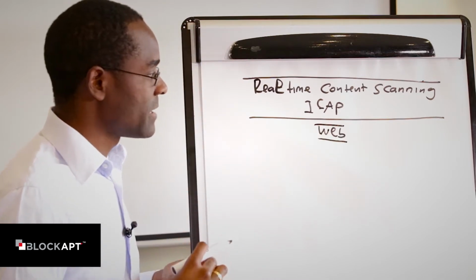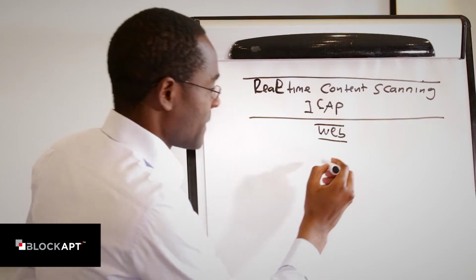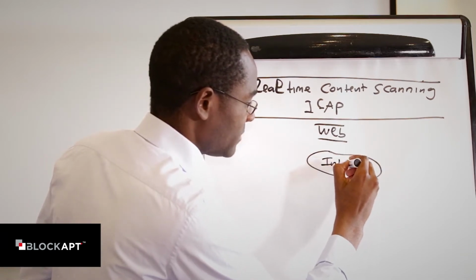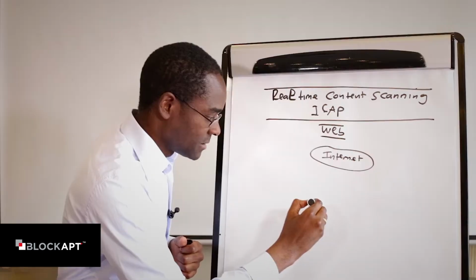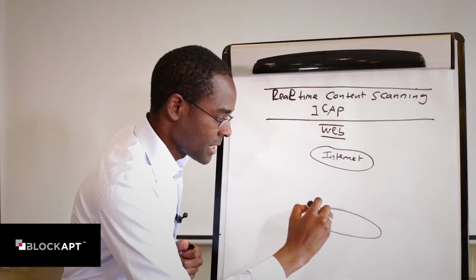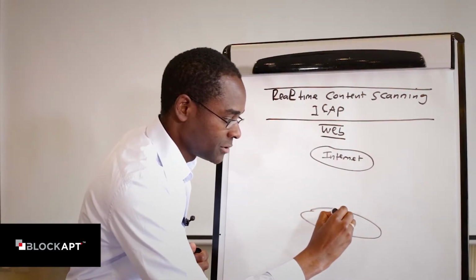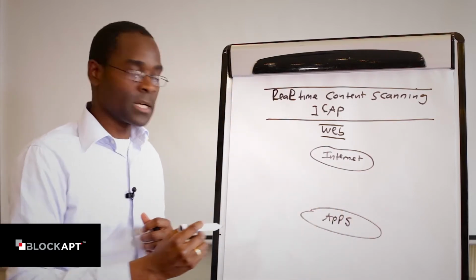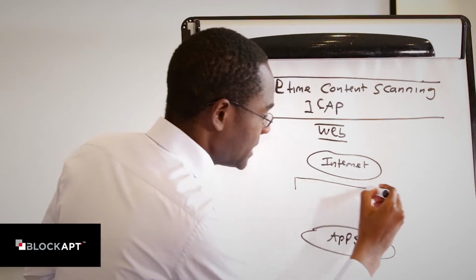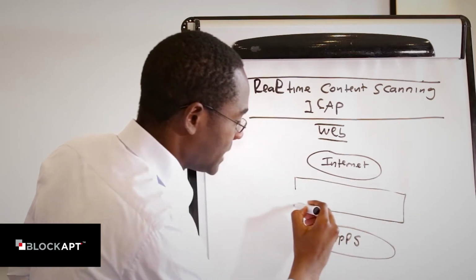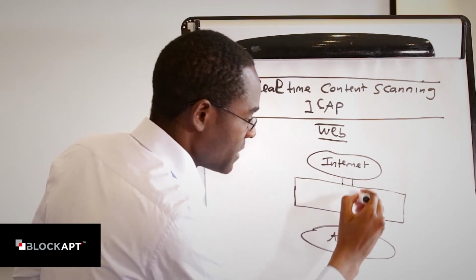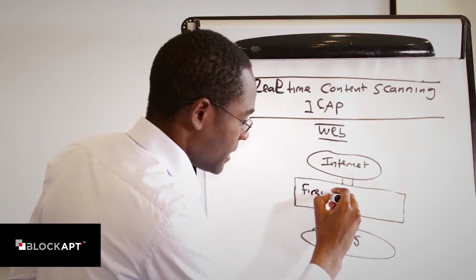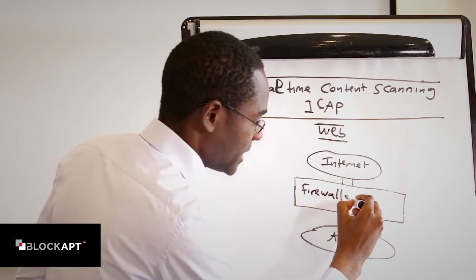The first thing to bear in mind is we have transactions or information coming from the internet. This is the internet. Inside my company network, I've got my applications and servers. And within that infrastructure, I've got the ability to do all the security related to firewalls, application security, and so on.